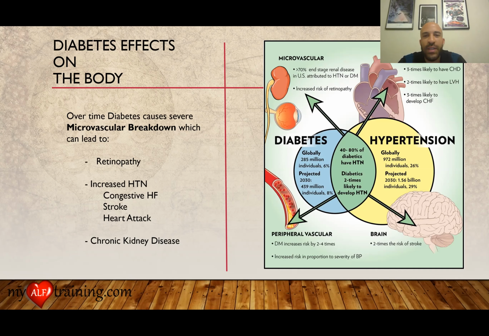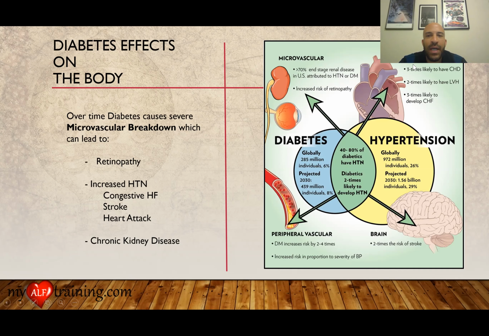So I included this picture graph here to show how diabetes intertwines with high blood pressure, which then leads to even more severe symptoms such as stroke. So there's a picture of a brain here, or heart attack.